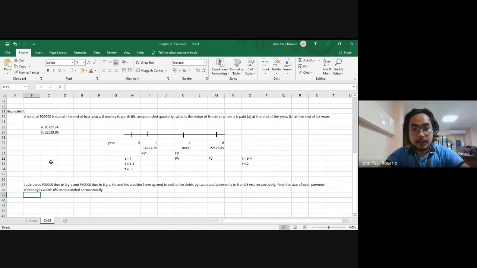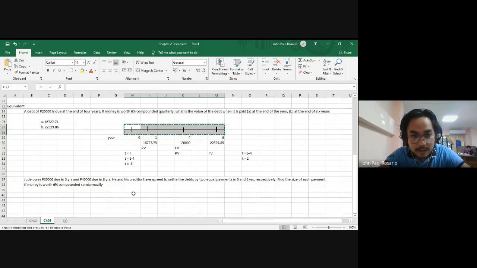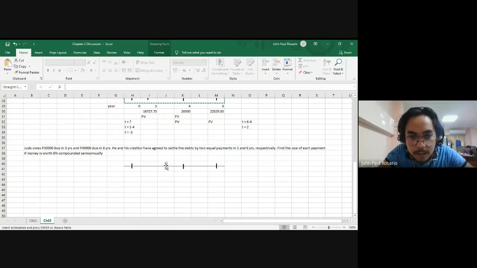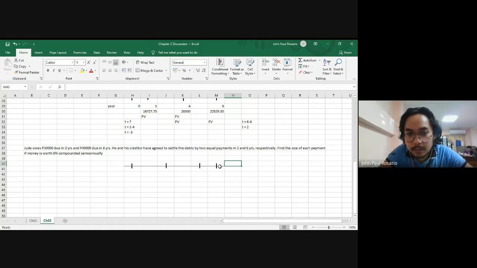Okay. So for this one, we're still using our timeline. Actually, guys, your timeline is a very big help to you, so practice using this. Now, we have 4 different points, so we will distribute them equally.